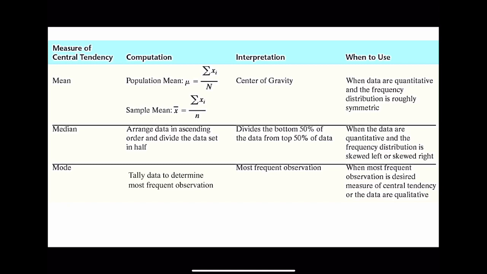For the median, make sure you arrange the data in ascending order, then divide the data set in half, so we have the top 50% and the lower 50%, and right in the middle is our median. If our data is quantitative and the frequency distribution is skewed to the left or skewed to the right, we will use the median.